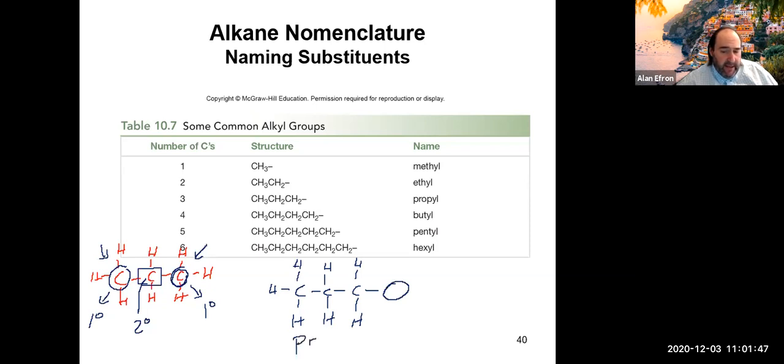And this would be a propyl group, sometimes referred to as n-propyl group, n for normal, like a normal propyl group. And I would also get the same guy if I took off the hydrogen on the left-hand side as well. It would just be the same thing. But if I took off a hydrogen on my secondary carbon, I would actually end up with a group that looks something like this.